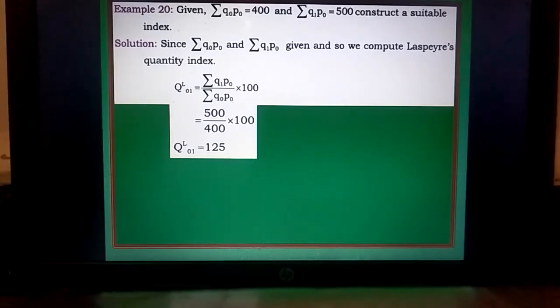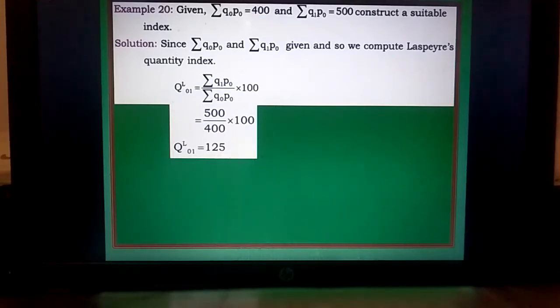Then substitute the given values as 500 and 400 in numerator and denominator respectively, and multiply by 100. You are going to get Q01L to be 125.